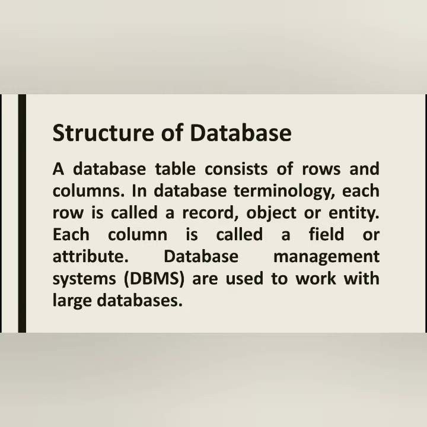A computerized record keeping system is a collection of programs that enables you to store, modify and extract information from the database. This system is known as DBMS, that is database management system.